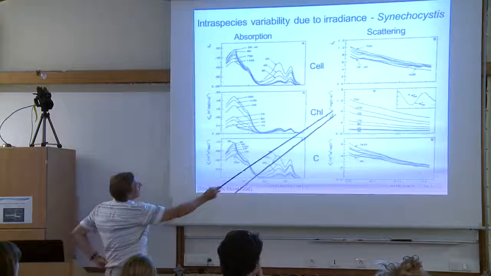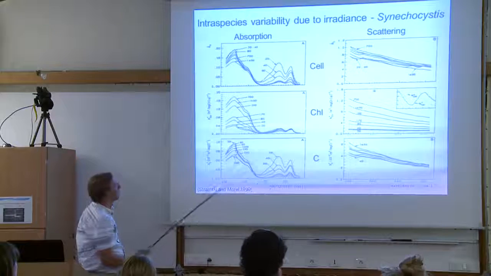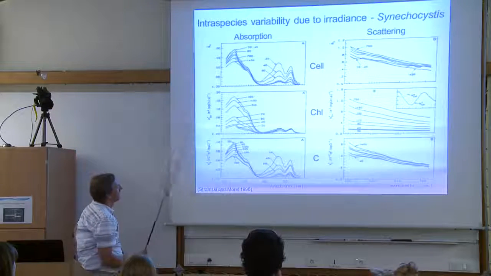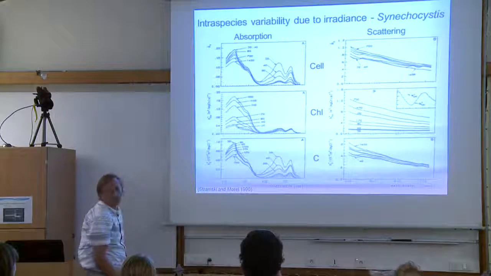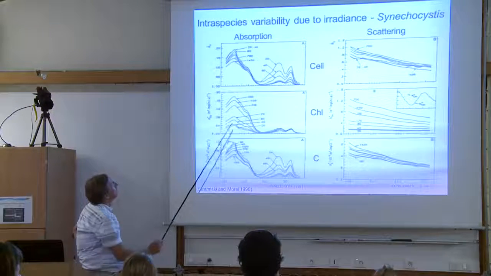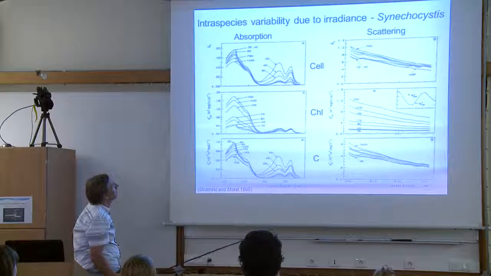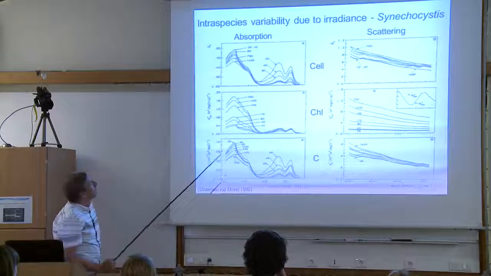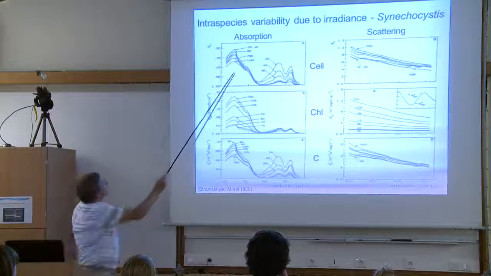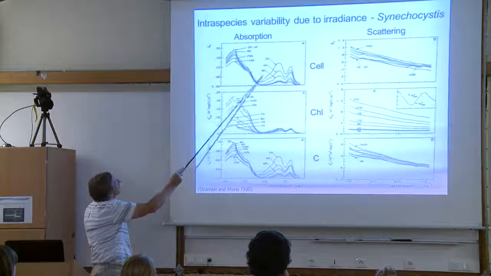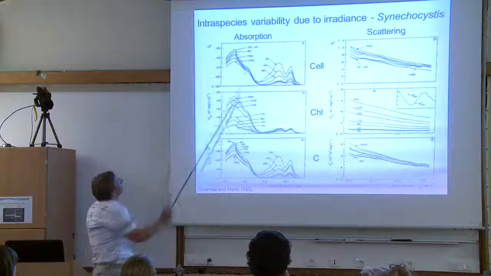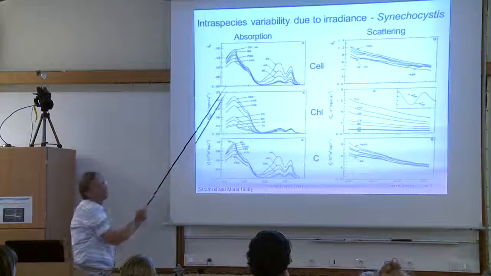chlorophyll-specific absorption and scattering spectra, and carbon-specific absorption and scattering spectra for one species, Synechocystis. This is a cyanobacterium with phycocyanin pigment. Each curve is accompanied by a number here: 20, 40, 80, and up to 1450.